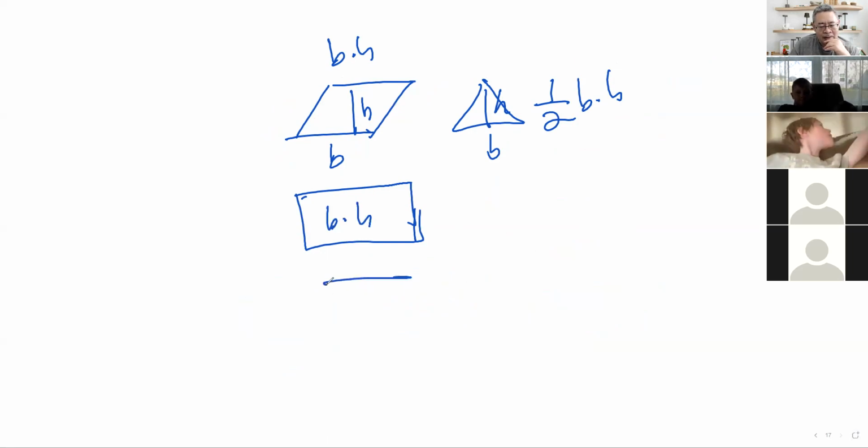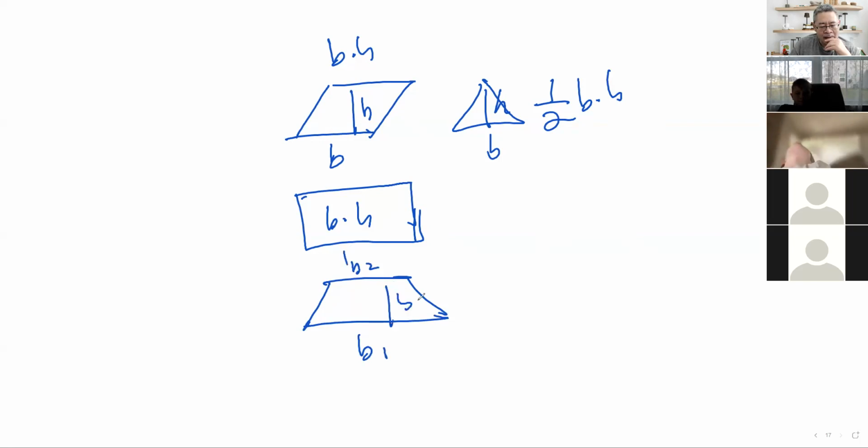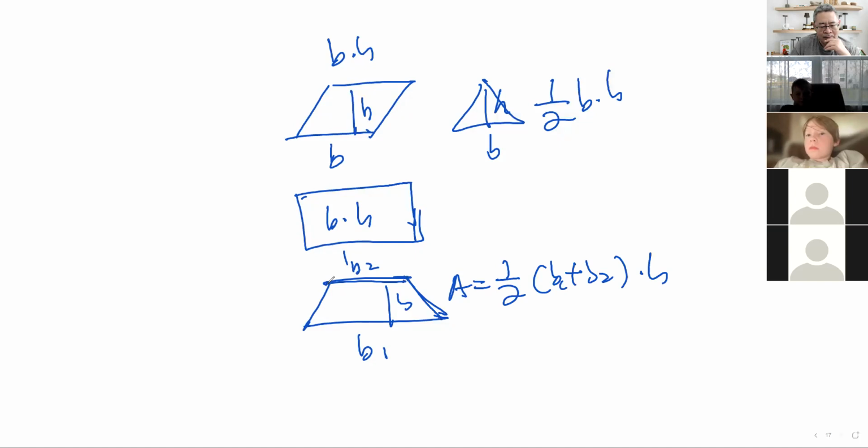And we got the trapezoid. We got base 1, base 2, and height. Then the area is half of base 1 plus base 2 times height. And this can make into a parallelogram, right? We said that if we copy this, turn it upside down, we make a parallelogram. And similarly for a triangle, copy this, put that upside down, we get another parallelogram.